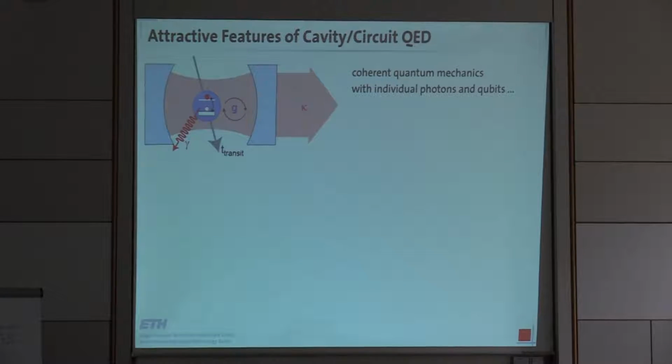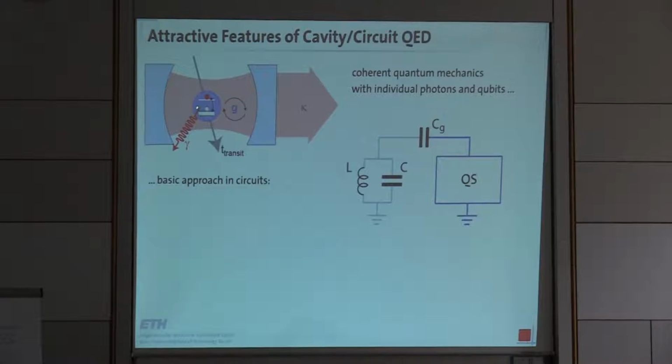You're trying to reach a regime where the storage time of the photons in the cavity and the lifetime of the two-level system inside the cavity are large enough that the dynamics in the system is governed by the coherent exchange of excitations between the two-level system and the radiation field. You're trying to reach this regime where losses from the cavity or losses from the two-level system are negligible. And then you can mostly think about it in terms of a coherent quantum mechanical system.